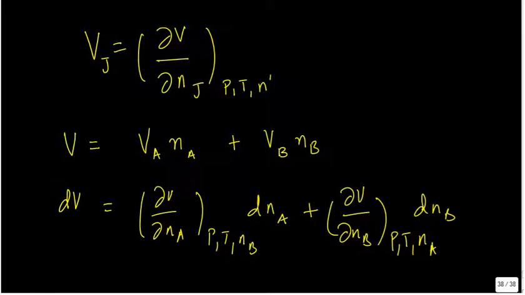In that case, I can assume this to be constant. What I am saying is that the composition of the system does not change much when I add Na moles and Nb moles. So the constitution is constant.